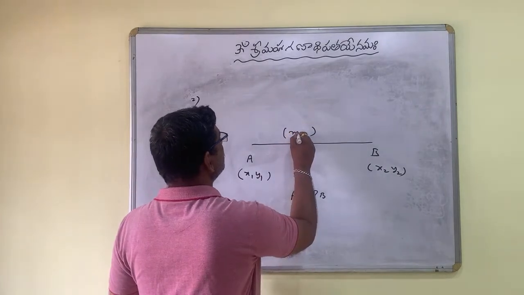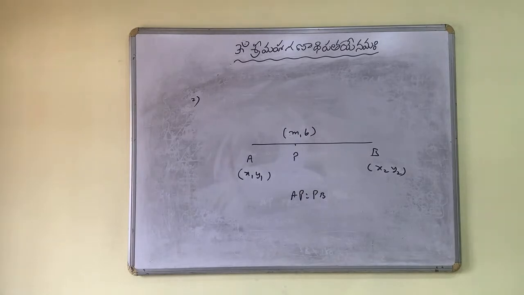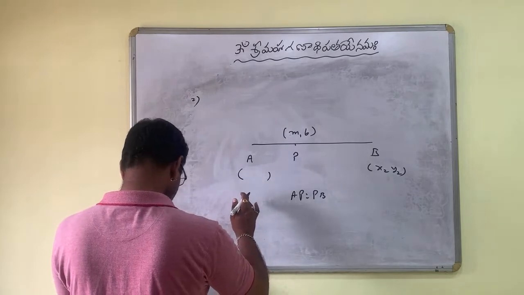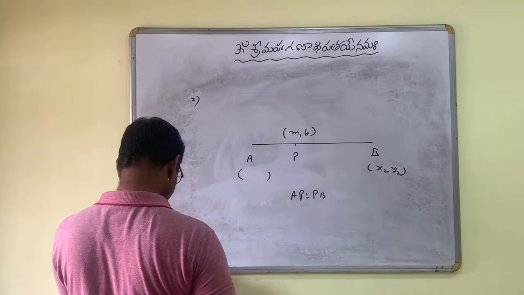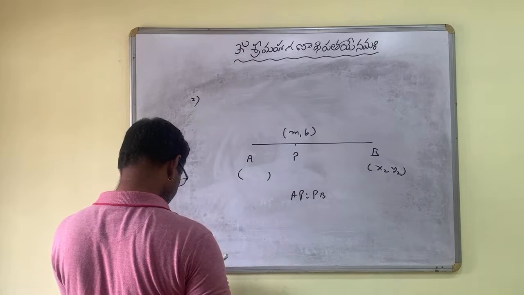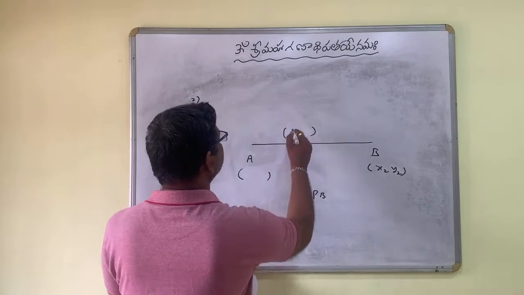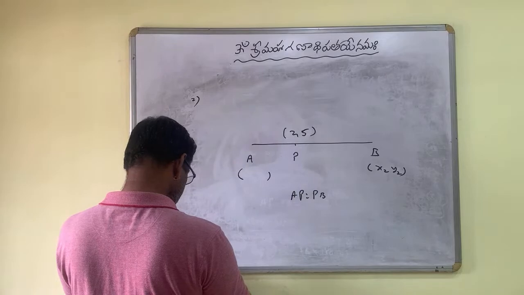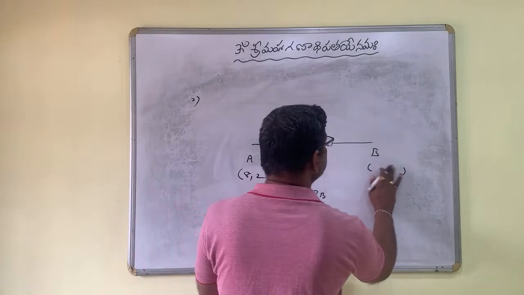This is m comma 6, no, 2 comma 5, 8 comma 2, minus 6 comma 9.